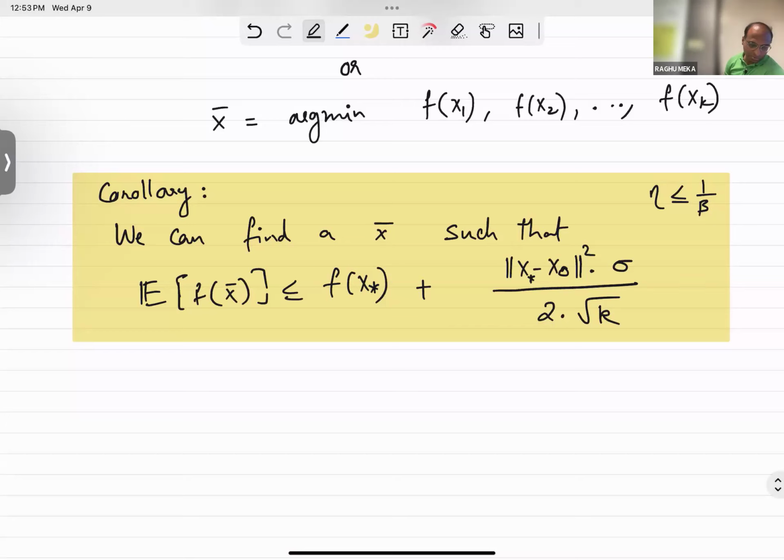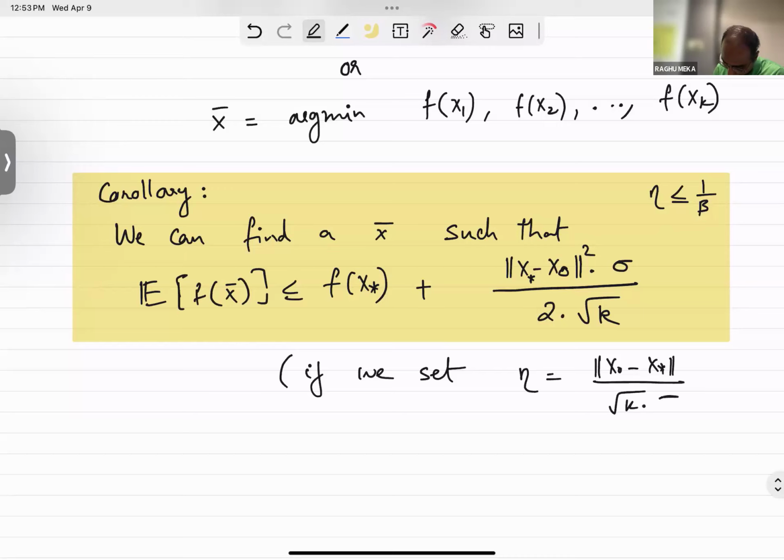So the best you can do is the square root k. And this happens if we set eta to be this value. So gradient descent has a convergence of 1 over k. SGD has a convergence of 1 over square root k.